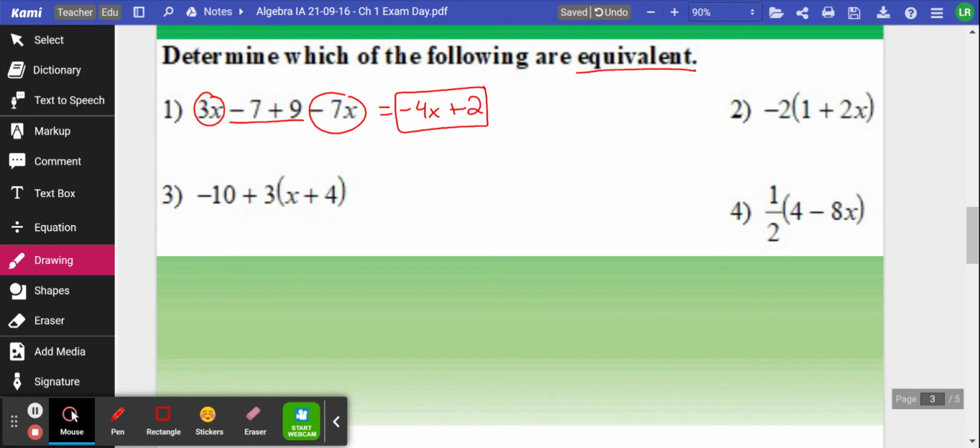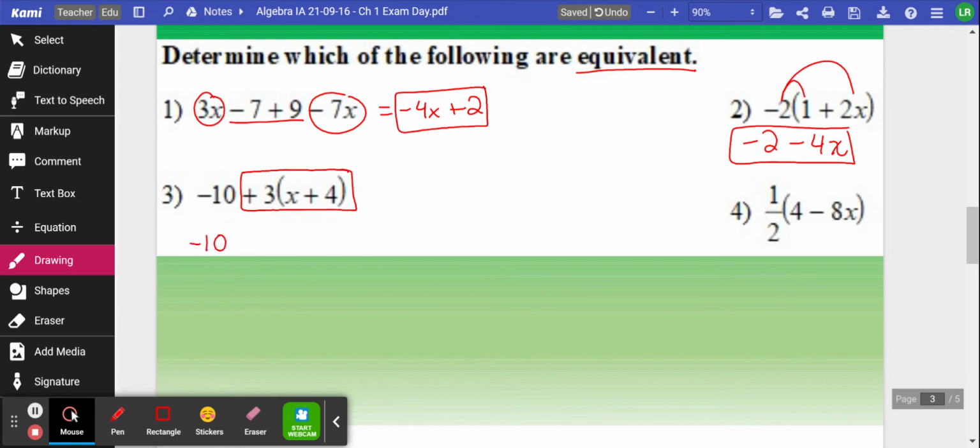Second one, we need to distribute. Negative 2 times 1 is negative 2. Negative 2 times 2x is negative 4x. So there's another one. For number 3, first, we need to do this distribute part. Take care of that. The negative 10, drop it like it's hot.